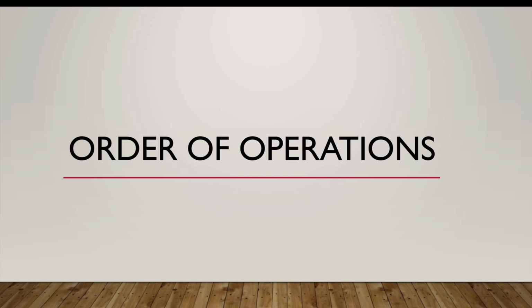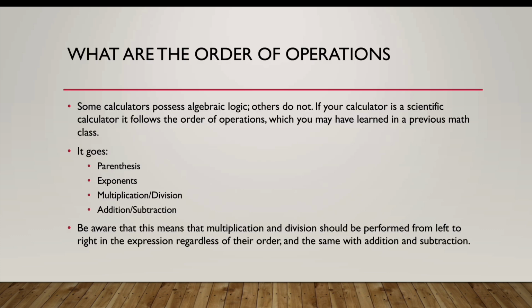Next, we'll consider the order of operations. Some calculators have algebraic logic and some do not. If your calculator is a scientific calculator, it will follow the order of operations, which you may have learned somewhere along the way. It goes parentheses, exponents, multiplication, division, and addition, subtraction.